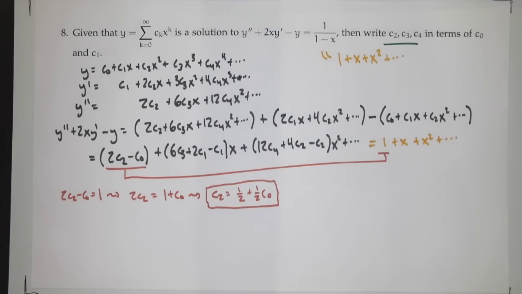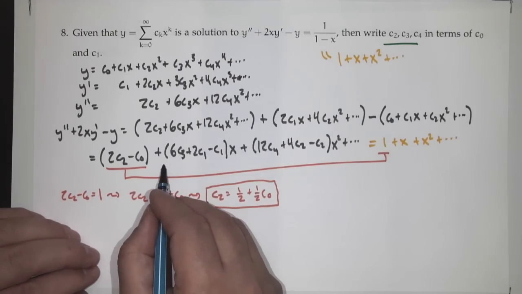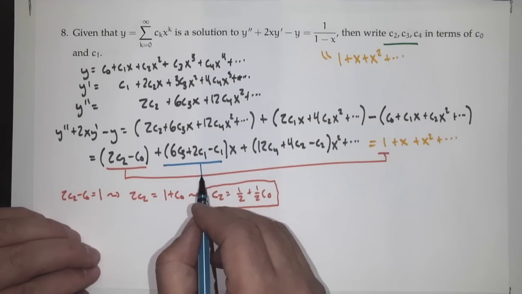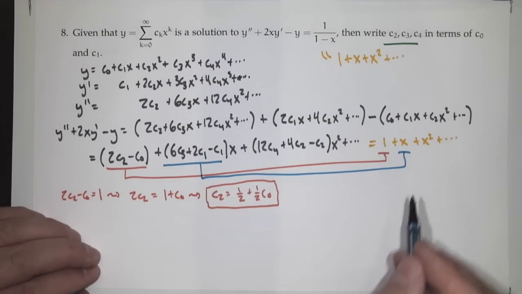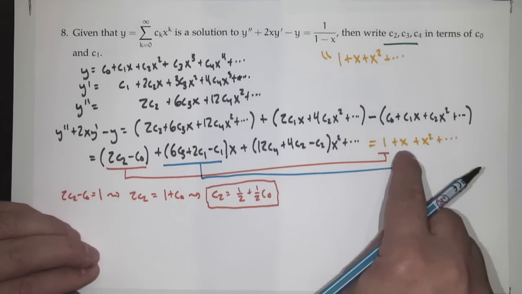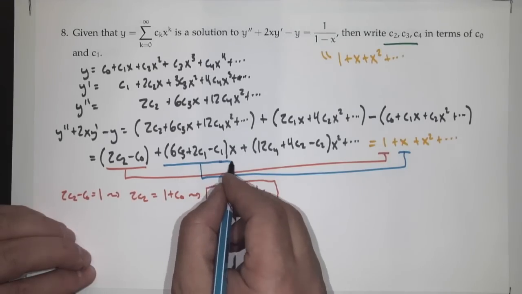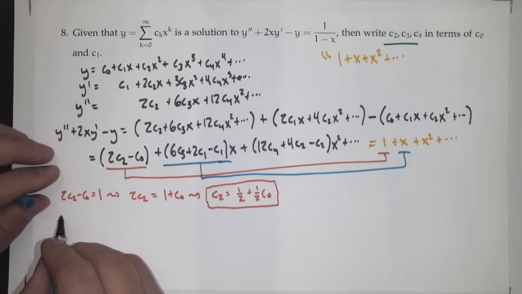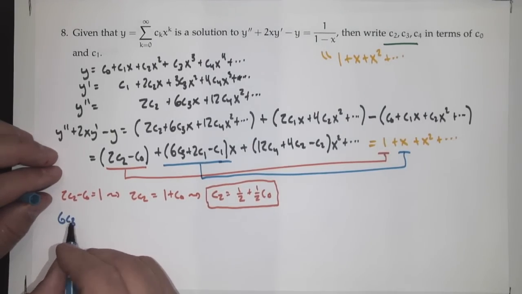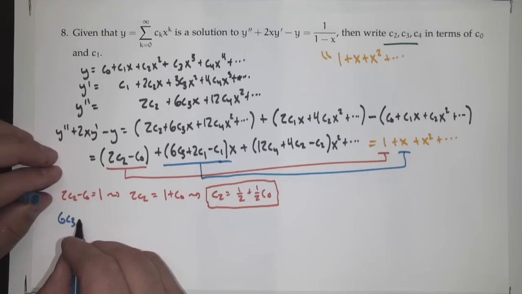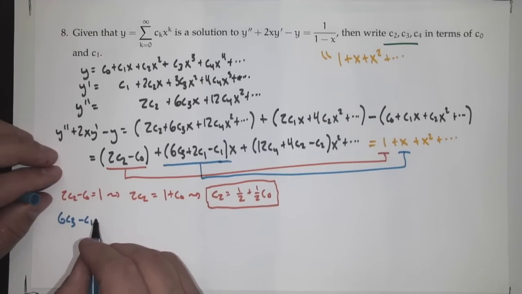Well, now we continue the game. We have our coefficient for x. That has to match our coefficient for x, which in this case is a 1. So we get that 6c3, 2c1 minus c1 is minus c1, is equal to 1.